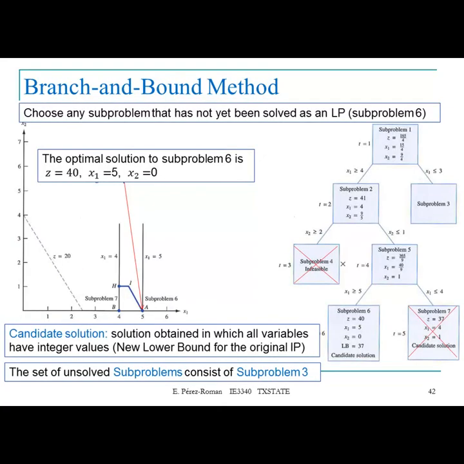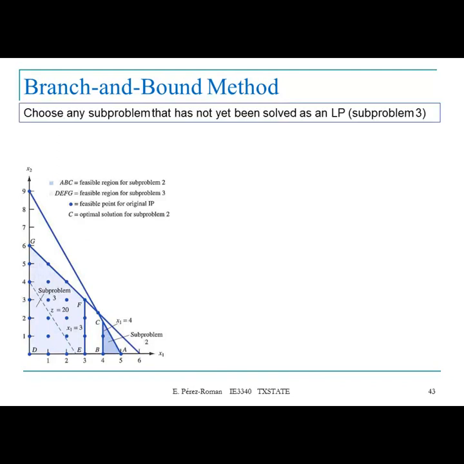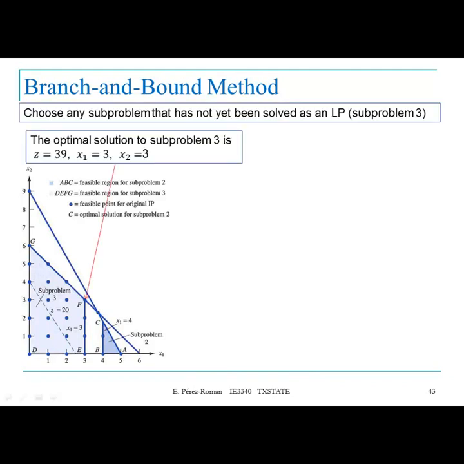And we still have this subproblem to solve. So that is this area. So initially we focus on this partition, right? Now we are going back to this area. That's subproblem number 3.